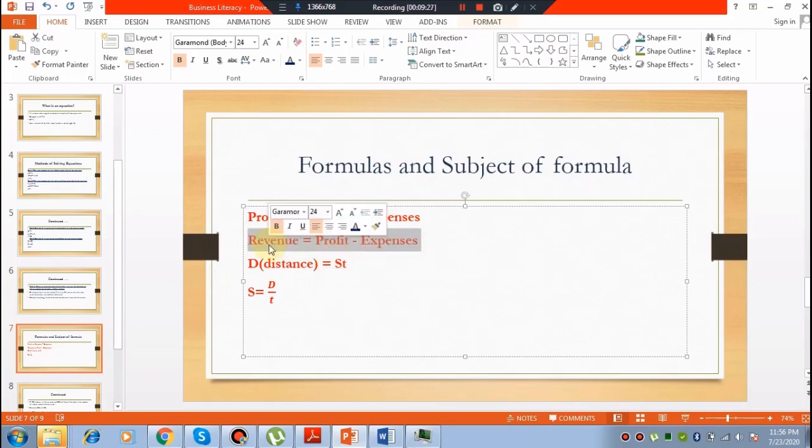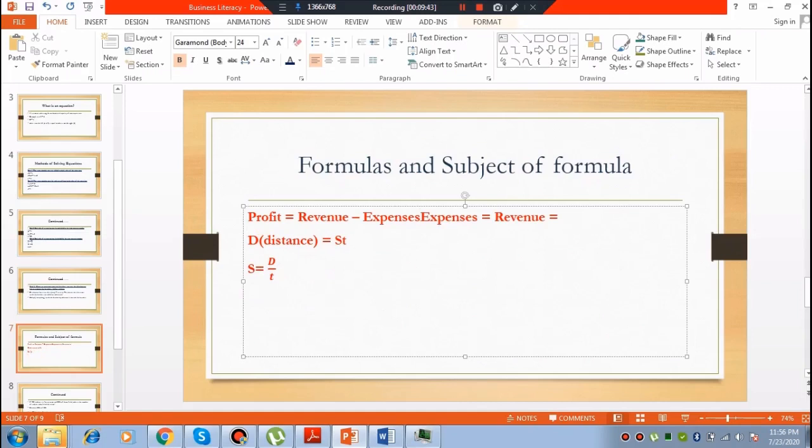So it will look like this: expenses is equal to revenue minus profit.